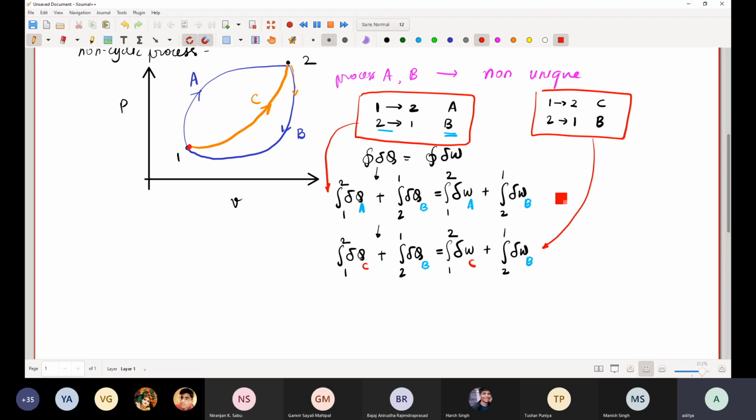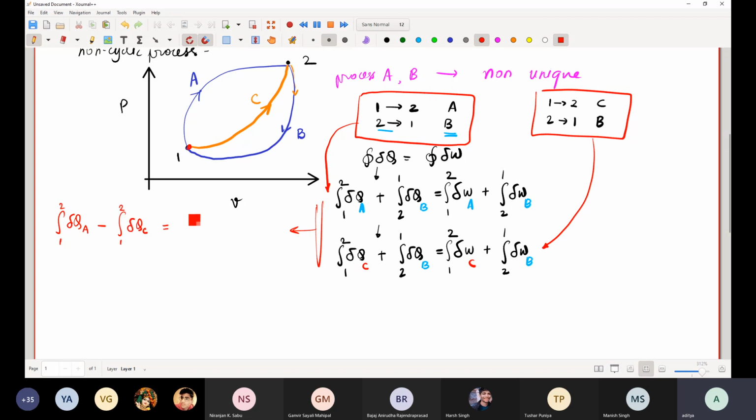Now what can I do? I can simply subtract these two equations. So subtracting, I will obtain 1 to 2 del Q A minus 1 to 2 del Q C.